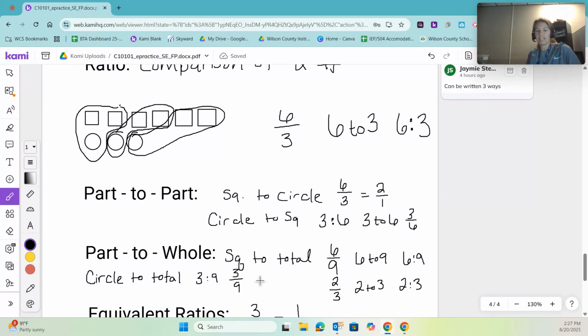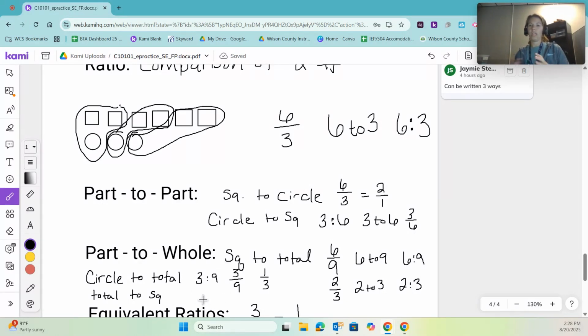It can be simplified to 1 to 3. For every 1 circle, there are 3 total shapes. You could also reverse this order and do total to squares or total to circles. I'm just trying to show you there are lots of different ratios that we can write with that.